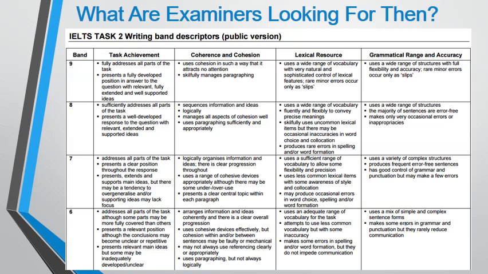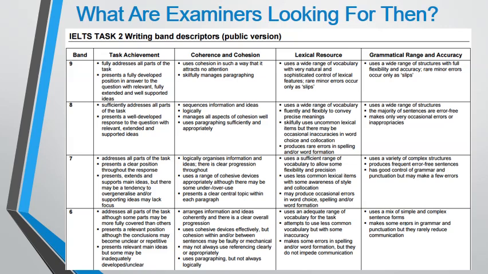So, what exactly are we looking at? Well, as you can see on the left side of the chart, you've got the different bands. 9 being the top, and then 8, 7, 6 going down. And across the top, we've got 4 different categories: task achievement, coherence and cohesion, lexical resource, and grammatical range and accuracy.